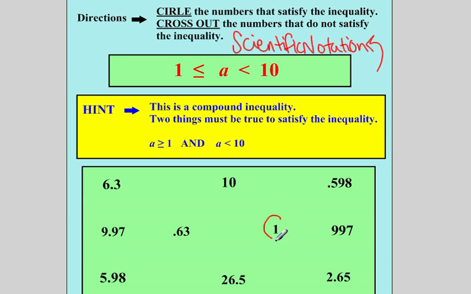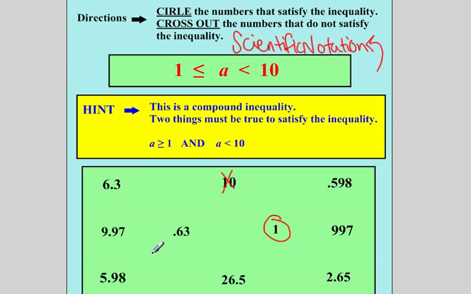So 1 is okay. And anything greater than 1 is okay, as long as it is also less than 10. So notice here, 10 is not okay. So I'm looking for numbers that are between 1 and 10.